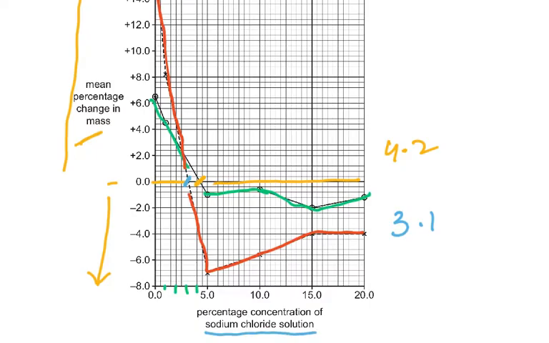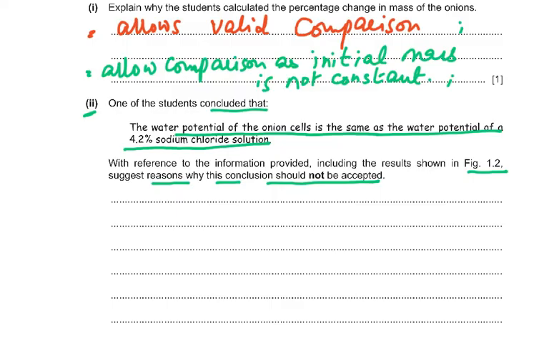So how can you say it is 4.2? Now let's look at the question again. With reference to the information provided, including the results shown in figure 1.2, suggest reasons why this conclusion should not be accepted. The conclusion is only supported for onions left for 2 hours. And where are you going to check it? It is the 0% change in mass. And the one left for 48 hours, that is 3.1% sodium chloride.